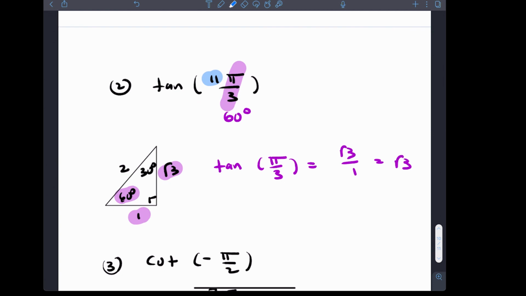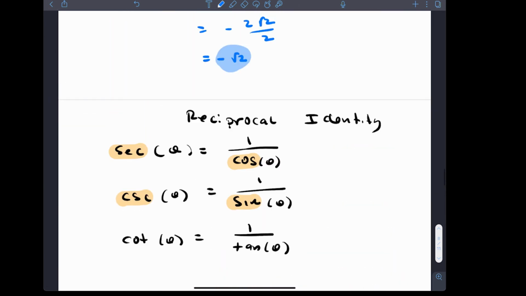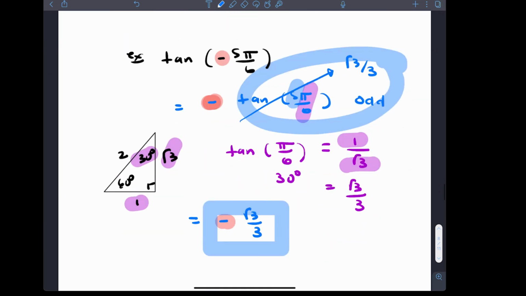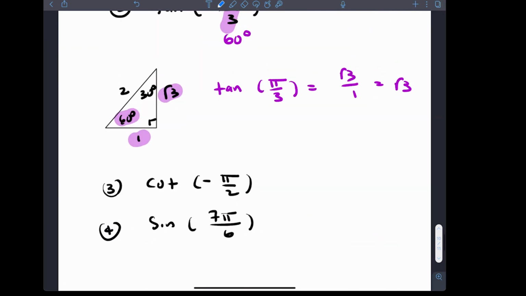Oh my God, 11 times 60? Holy moly, what is this? What's 11 times 60? Is that 660? This is a 660-degree angle. You can deal with that kind of stuff? Yes, you can. What do you guys notice? Is that 660? Remember, I'm not even awake.